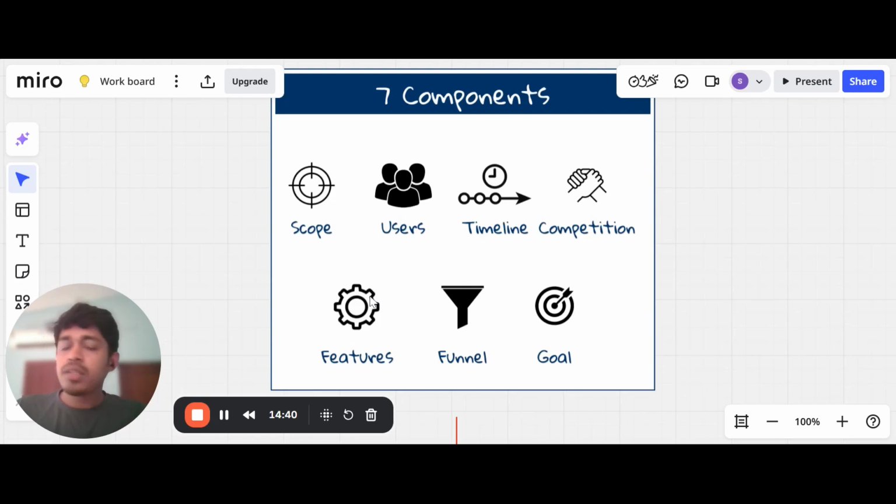So the next component is features. Whenever you are getting a problem statement, something like designing a new product, or designing a new feature, or again some kind of root cause analysis case where they say they notice a 25% drop in engagement, you can ask questions related to the features.